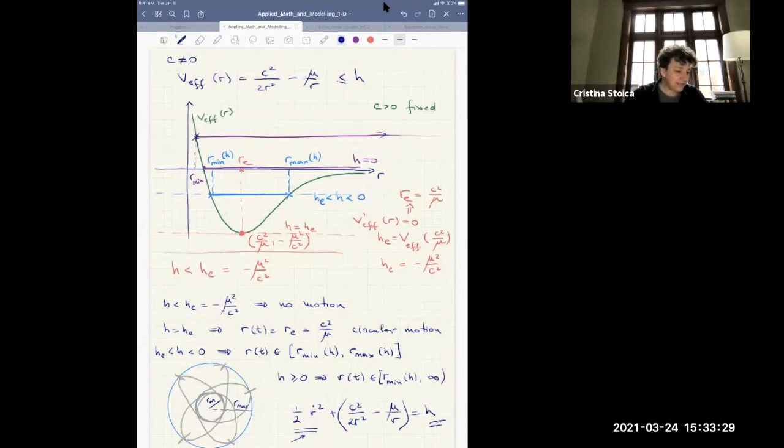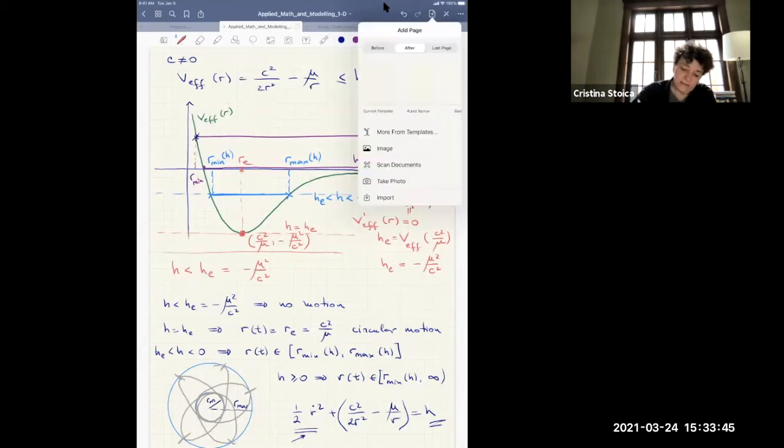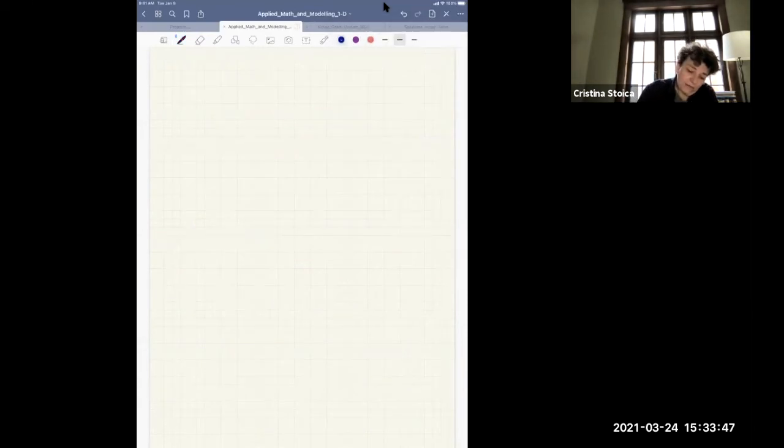Okay, so there's that. Now I was asking you, what is the stability of this point here? So if we go with this point, this should show up as an equilibrium in the system. So we have r dot is VR, VR dot was C squared over r cubed minus mu over r squared, right?